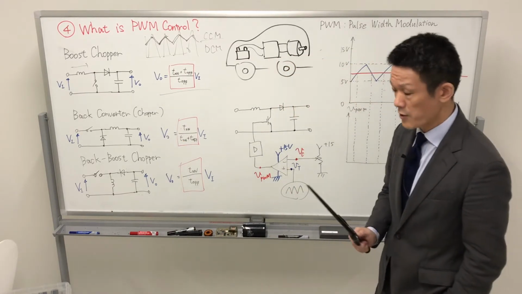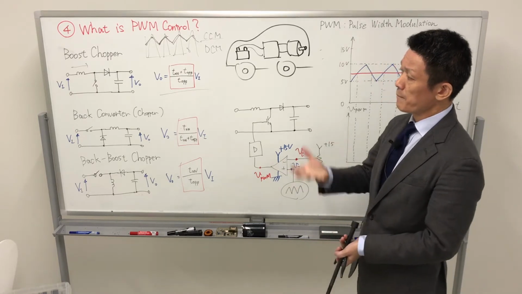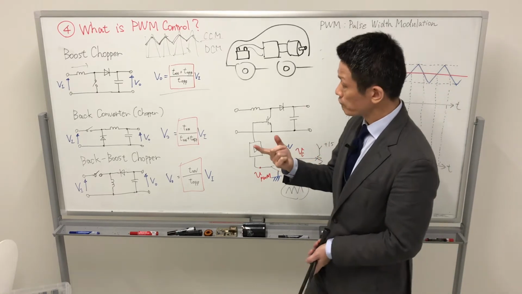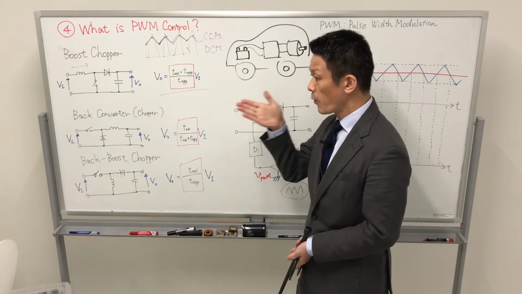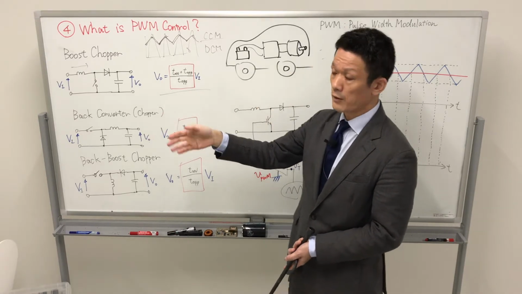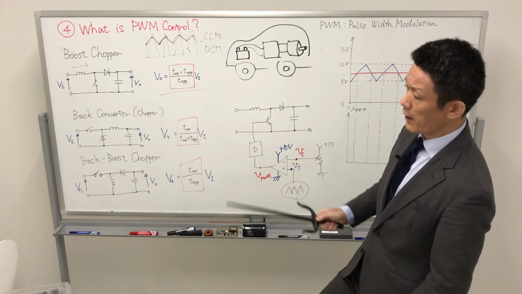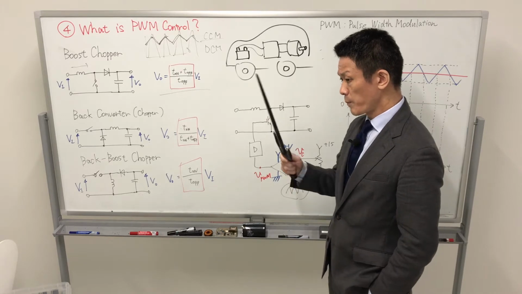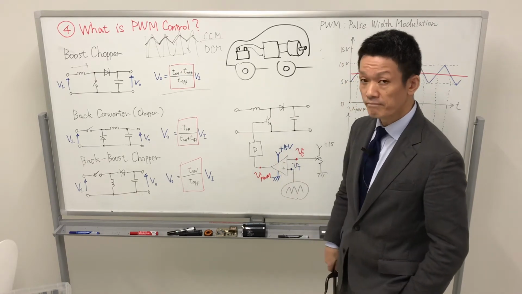This discussion is very important. So we will discuss it in two steps. First step is open loop feed forward control discussion. Today is this one. And the next step is the closed feedback loop control discussion. That is the next step.